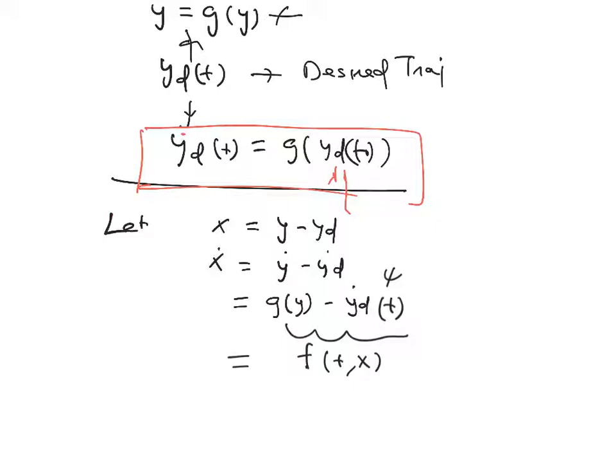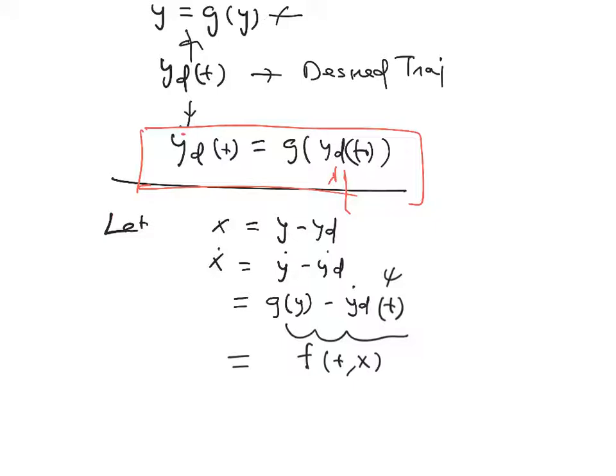But the transformed system, when you choose x equals y minus y desired, which is a function of time, ends up as a time varying system. So all the tracking problems mostly will be time varying systems. That's why there is a need. Even if your original system is not time varying, you will end up in a time varying system.